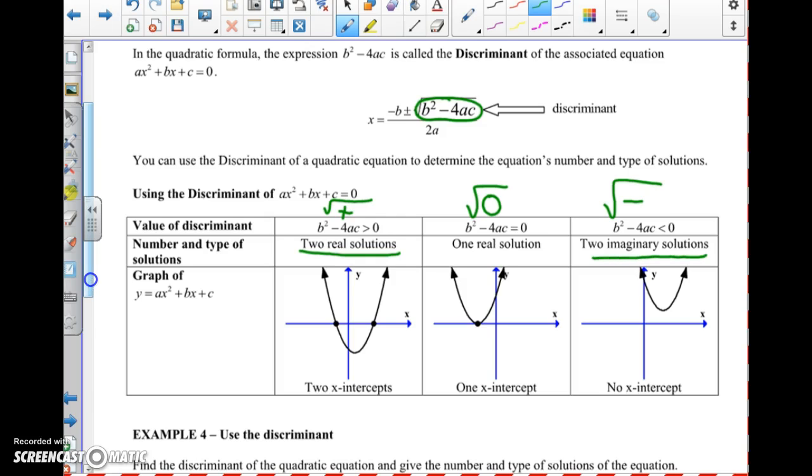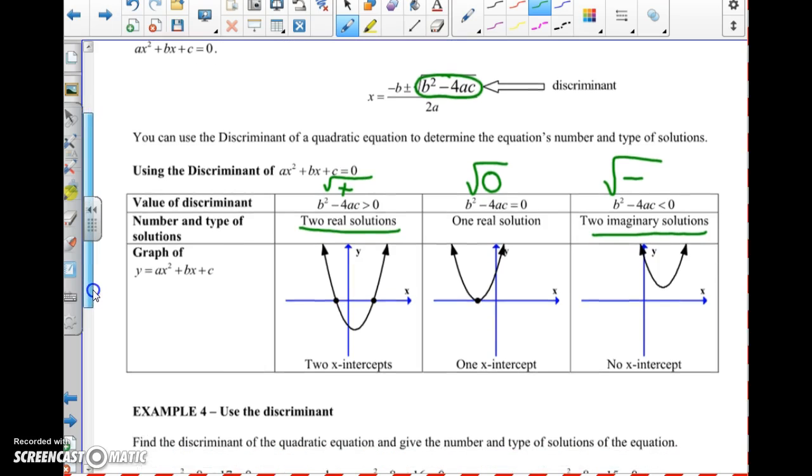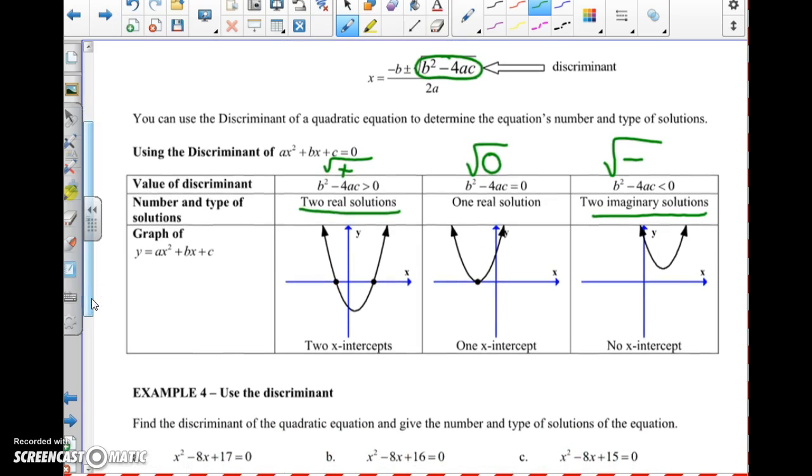Now, what does it look like as a graph? And this makes sense. We've talked about this before. If you graph this quadratic, and it's a positive number inside the square root, the graph would come down like this and hit the x-axis 2 times. And these would be your answers. These are the roots. They're real answers that exist.